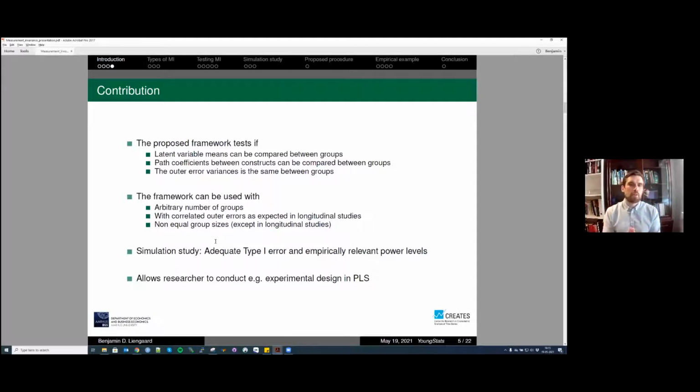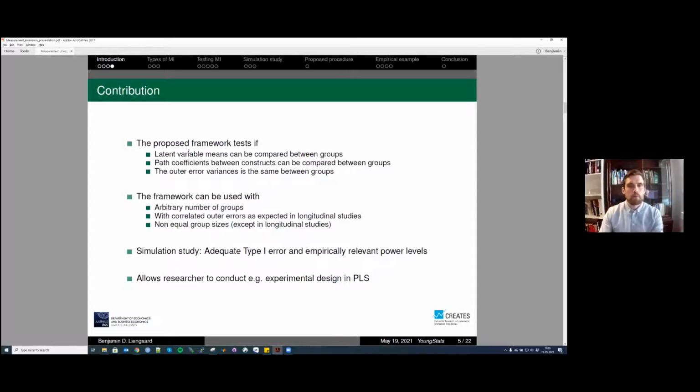And by doing that, we can do a little more than what is normally done in PLS when testing for measurement invariance, because the MICOM procedure, maybe Jörg has some comments on that, assumes what is normally called a composite population model, whereas in my research I assume a reflective population model, which is also widely used in the literature.